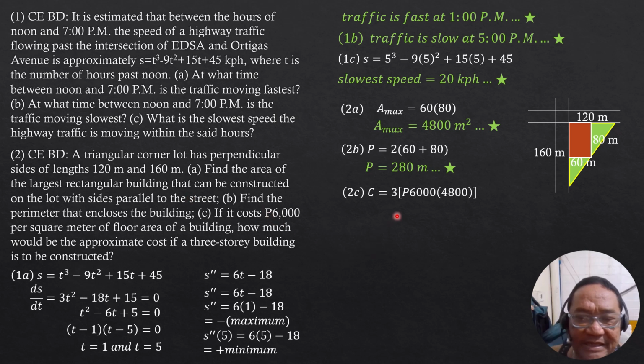So cost is 3 times 6,000 pesos per square meter times 4,800 square meters, because there are three stories in the mentioned problem. So the cost is 86 million 400,000 or 86.4 million. So that's it for this video.